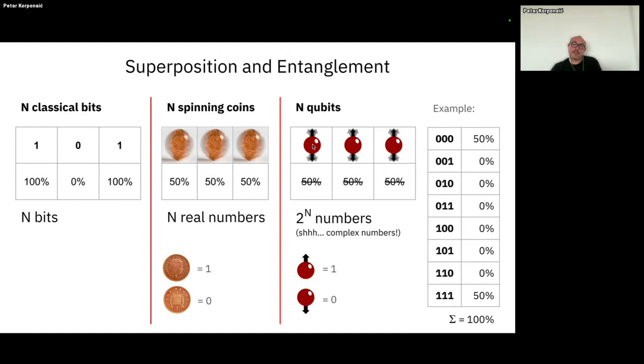Because probabilities of individual particles can be related. Let me go back to spinning coins.